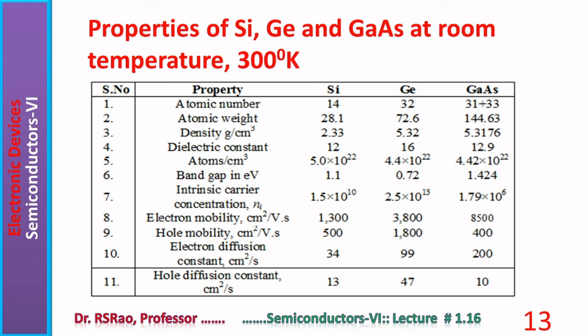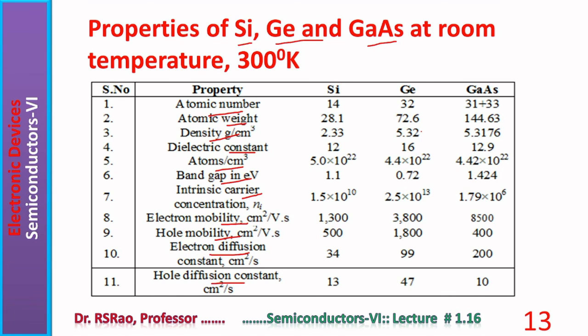Now in this slide, properties of commonly used semiconductors like silicon, germanium, gallium arsenide at room temperature are given. Atomic number, atomic weight, density, dielectric constant, atoms per cm cube, band gap in electron volts, intrinsic carrier concentration, electron mobility, hole mobility, electron diffusion constant, hole diffusion constant.